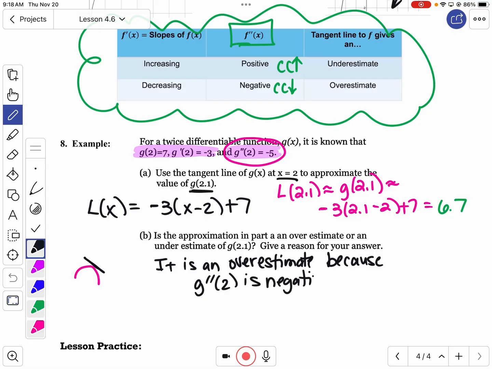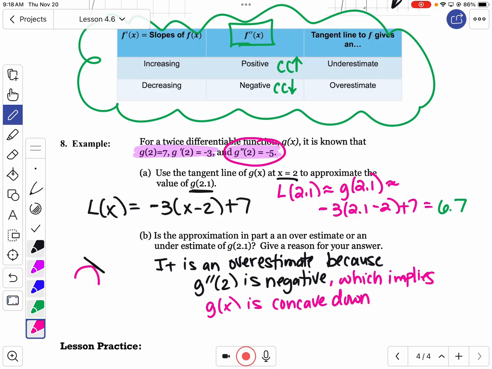Now, after you say that, if you wanted to go on to say, you don't have to, you can stop right there, but this part could be added, which implies g of x is concave down at x equals 2.